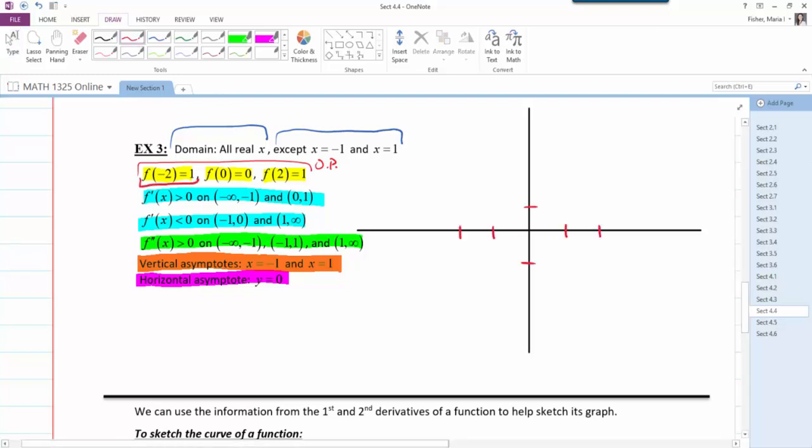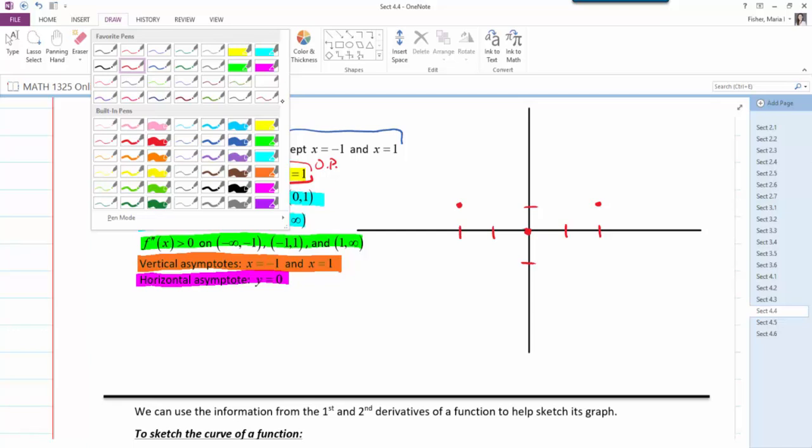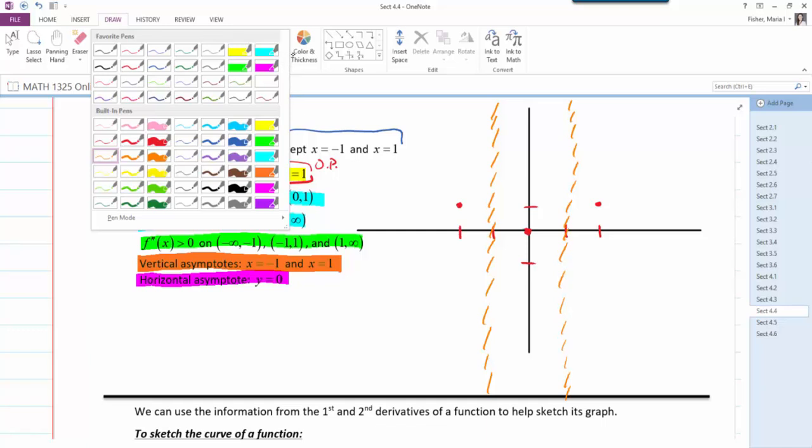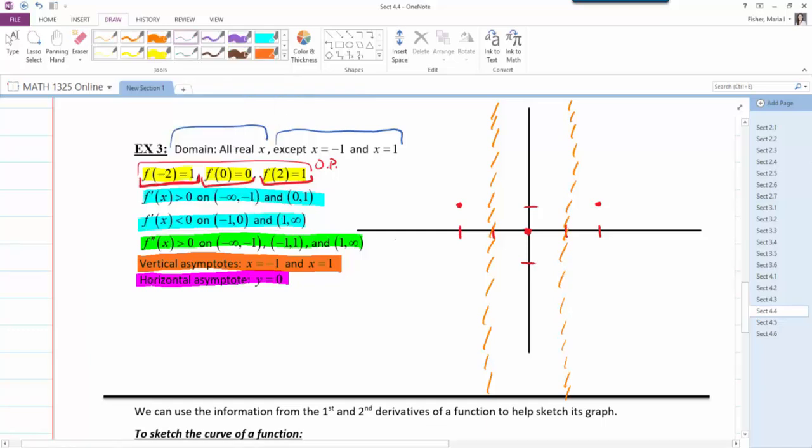My ordered pairs are -2, 1, 0, 0, and then 2, 1. I also know that I have a vertical asymptote at -1 and at +1, and a horizontal asymptote at y equals 0.